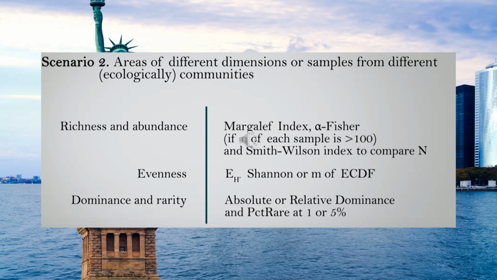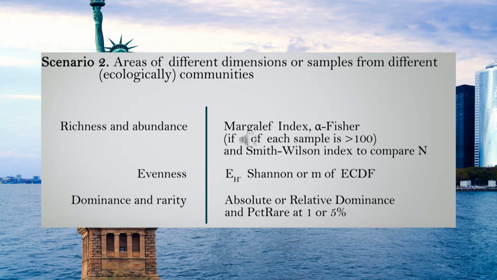For the second scenario, where we have areas of different dimensions or samples from different ecological communities, we can use values to estimate the difference in richness and abundance by the Margalef index or the Alpha Fisher index, if n of each sample is greater than 100, or the Smith-Wilson index can be used to compare the n or the abundance.